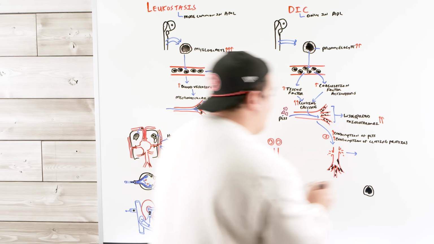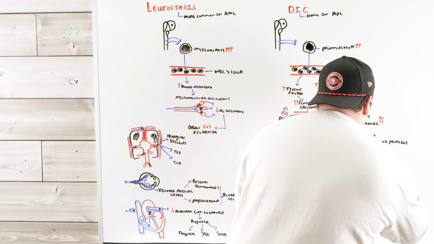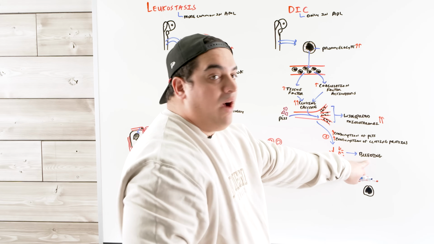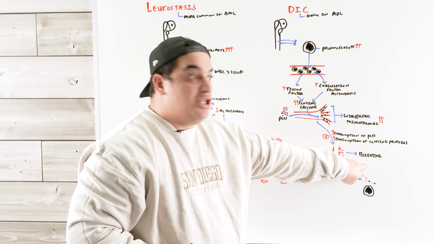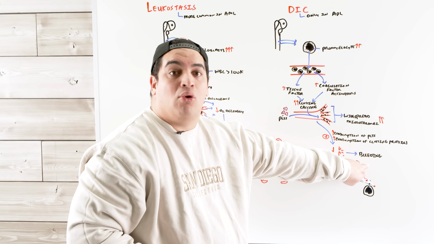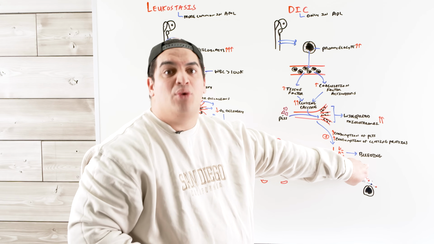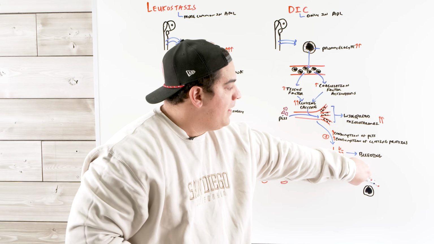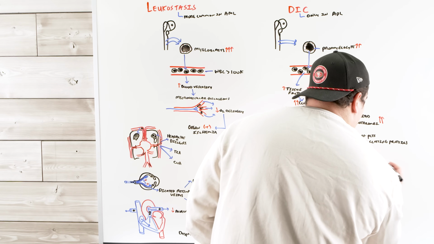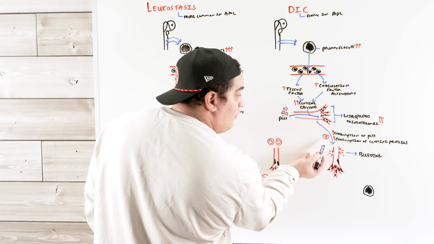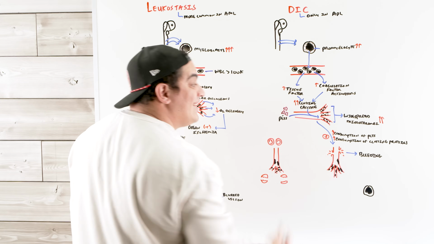That seems paradoxical, Zach, but that's what happens here. So they can get bleeding. This could be in the form of what? Ecchymosis, GI bleeds, brain bleeds. This could be prolonged bleeding after surgical procedures, oozing from IV sites. The list goes on and on and on. But this is usually bleeding that's going to be presenting because of the consumption of platelets and the consumption of clotting proteins. So if I have a new nick, I can't stop that.